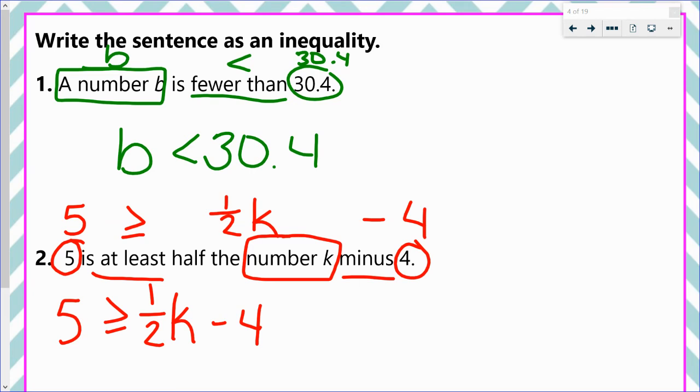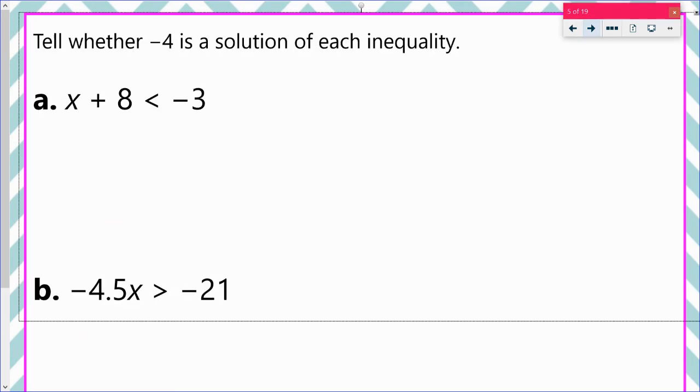Good. Okay. So next we're going to work in a situation where they're telling us to see if a number is a potential solution for the inequality. Now, the difference between equations and inequalities is that equations only have one solution. For the most part. Of course, you have different things of no solution and infinitely many, but overall, if you get x equals 5, then that means 5 is the only solution.